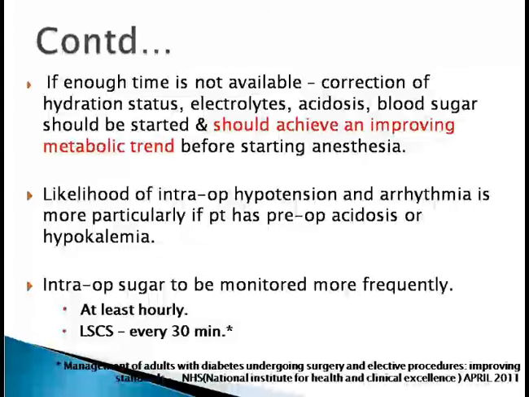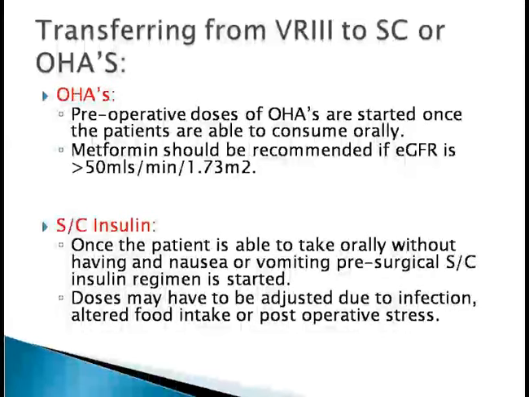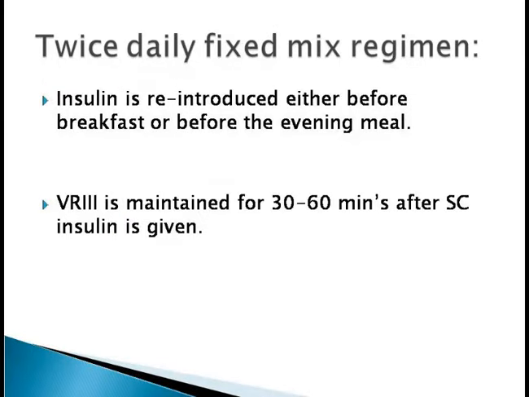The likelihood of intraoperative hypotension and arrhythmia is greater, particularly if the patient has preoperative acidosis or hypokalemia. Intraoperative sugar is to be monitored more frequently, at least hourly or half-hourly. And when the patient needs to be transferred from variable rate insulin infusion to subcutaneous, the OHAs can be given with the first meal, and subsequently subcutaneous insulin can also be started when the patient starts taking orally and doesn't have nausea and vomiting.